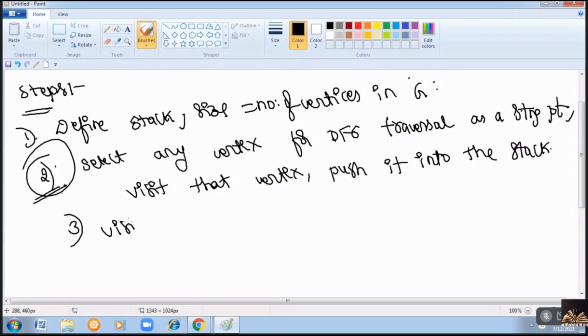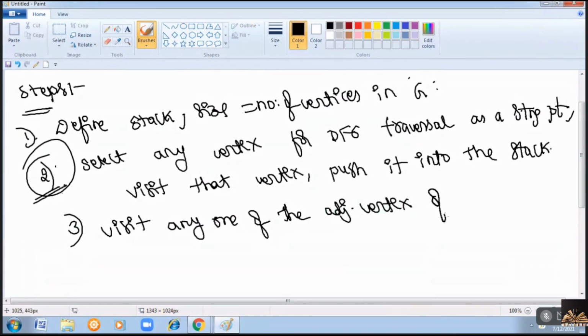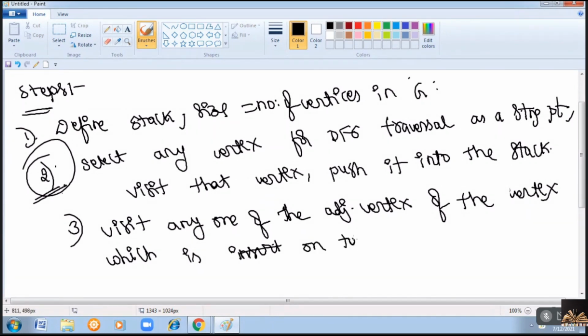Visit any one of the adjacent vertices of the vertex which is on the top of the stack.